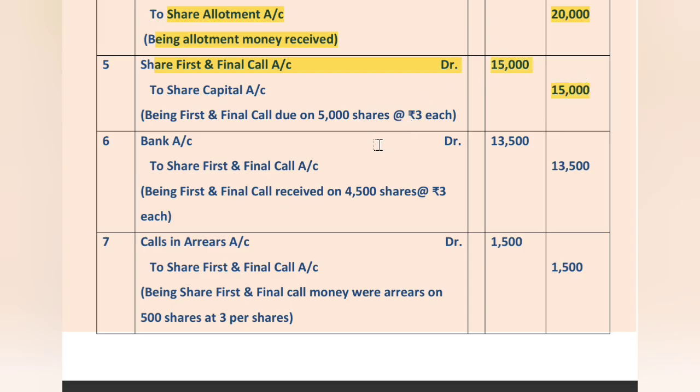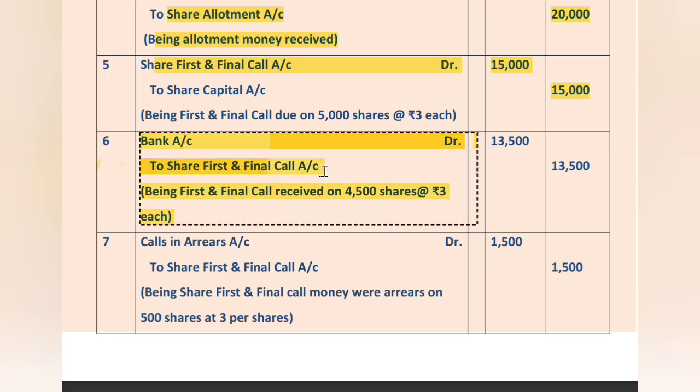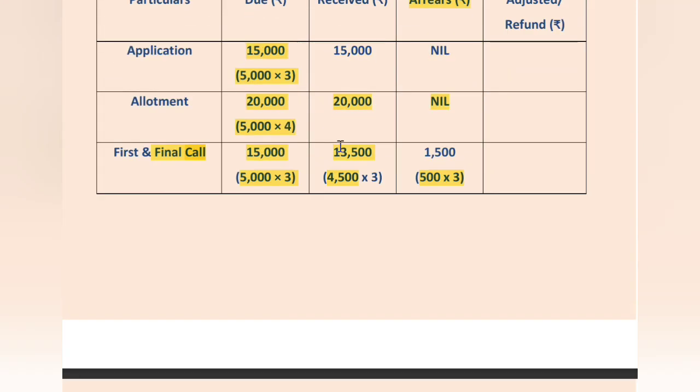Now at the time of receiving, how much is received by bank? Bank account debit to share first and final call account, right? How much received? 4,500 into 3, which is 13,500, right?